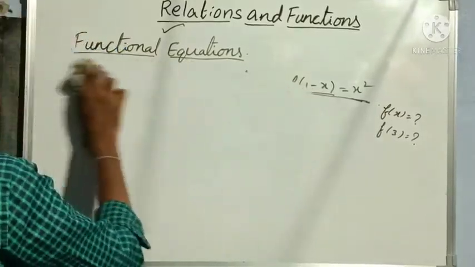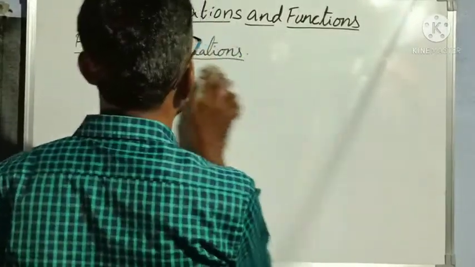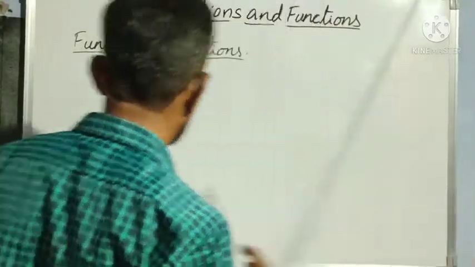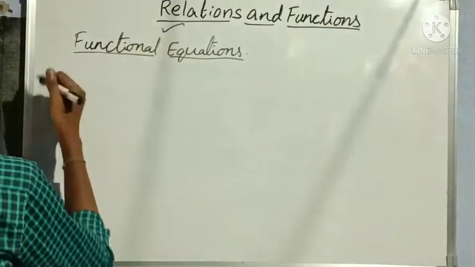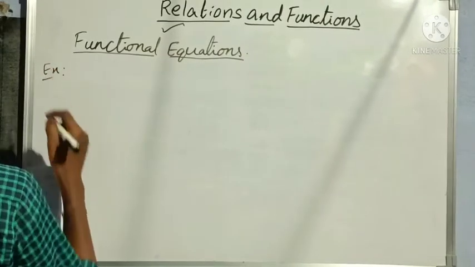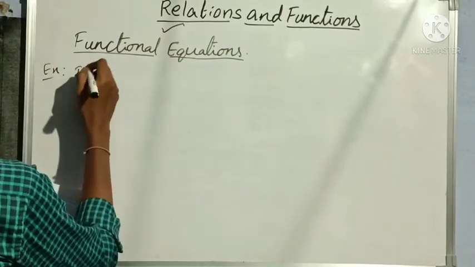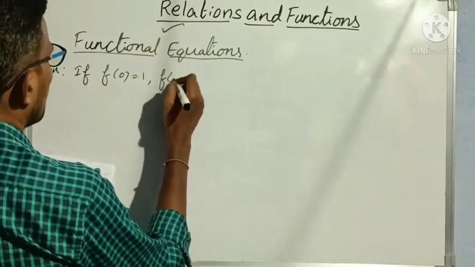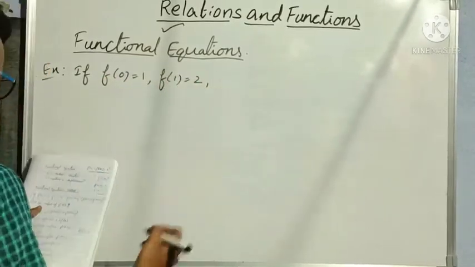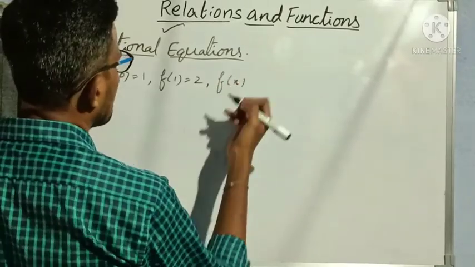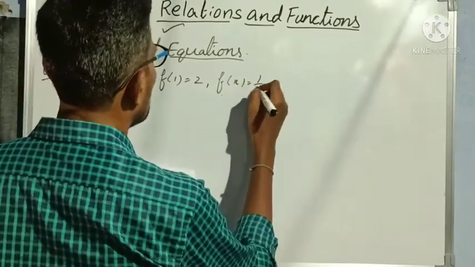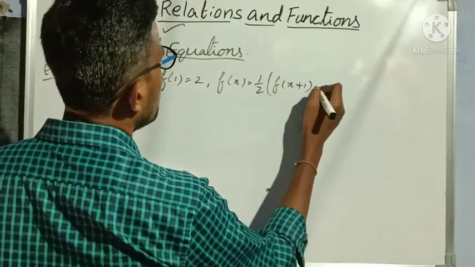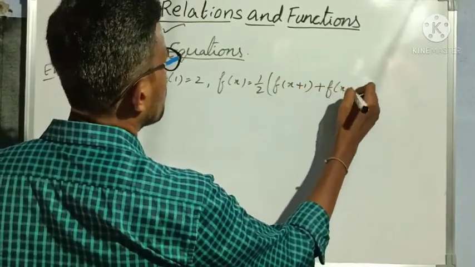So what are the examples for the iteration method? Only one example is there. If f of 0 is equal to 1, f of 1 is equal to 2, and the functional equation given is f of x is equal to 1 by 2 of f of x plus 1 plus f of x plus 2.